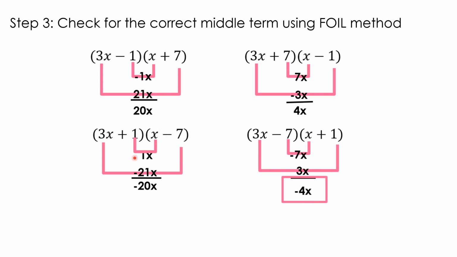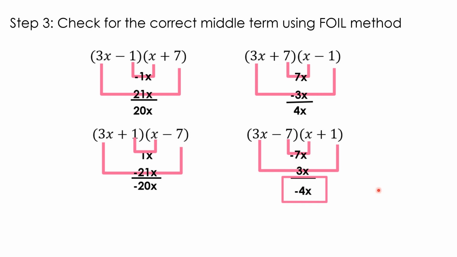Okay, so let's have another pair, which is 3x times negative 7, the result is negative 21x. 1 times x, the result is x, and you add x plus negative 21x, the result is negative 20x. And then you try 3x times 1, that is positive 3x. Negative 7 times x is equal to negative 7x, and you add negative 7x plus 3x, the result is negative 4x.